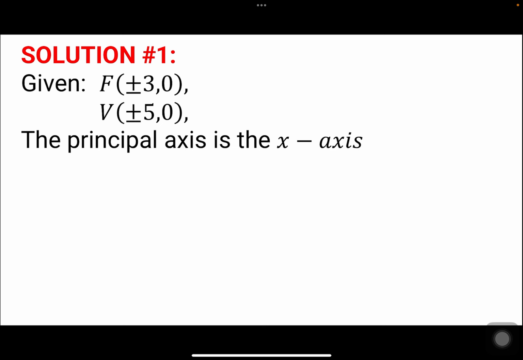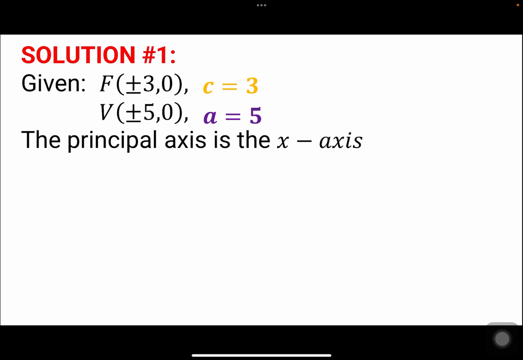Kumbaga, nasa x yung pinaka-elongated niya. Okay? So the value of C will be 3 kasi 3 yung ating foci. Then the value of A is 5 kasi yung vertex natin ay positive 5 and negative 5. Take note, kaya wala tayong sinasolve dito kasi 0 yung starting point natin.